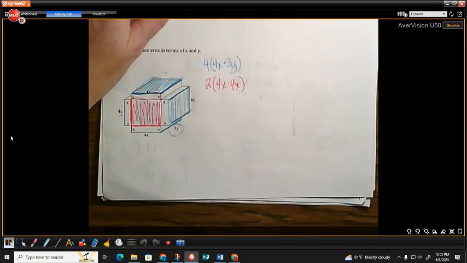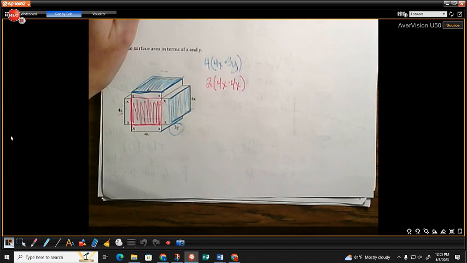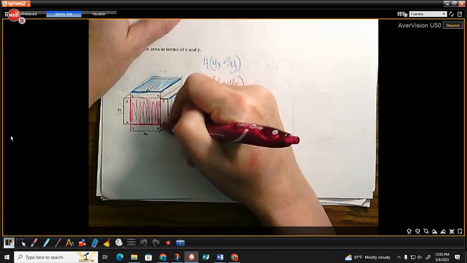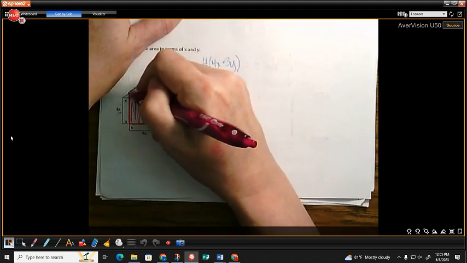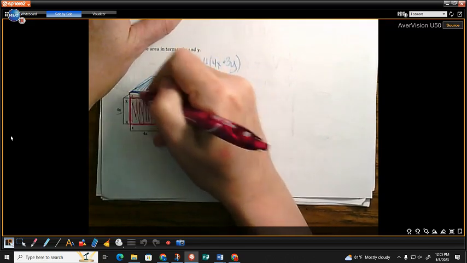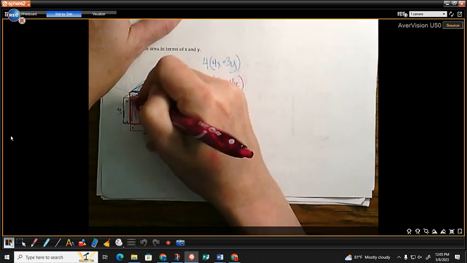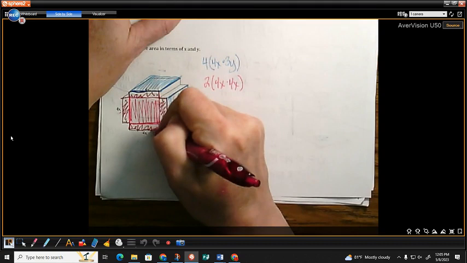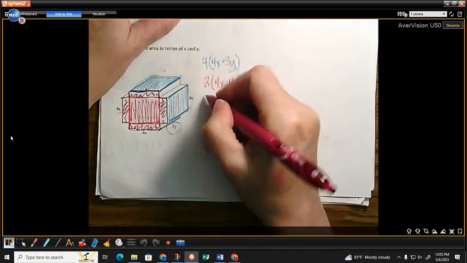What's another rectangle you have here? These little mini ones next to the square? Yeah. How many of these are there? Well, there's 1, 2, 3, holy moly. 4 on the front and 4 on the back.